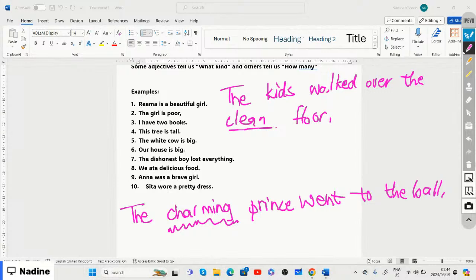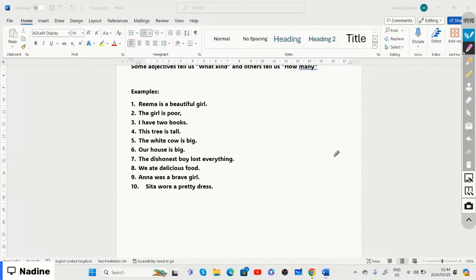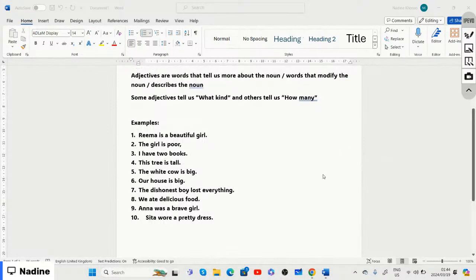Everything that we spoke about are adjectives, right? We said adjectives are words that tell us more about the noun. They can be words that modify the noun, or words that describe the noun. Some adjectives tell us what kind, and then we have adjectives that also tell us how many.